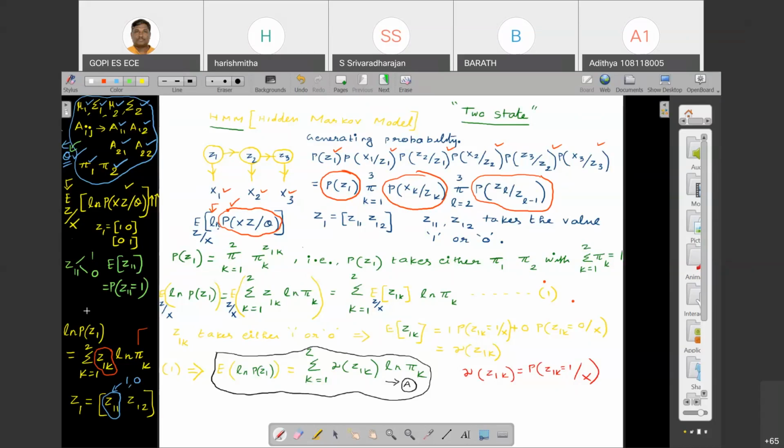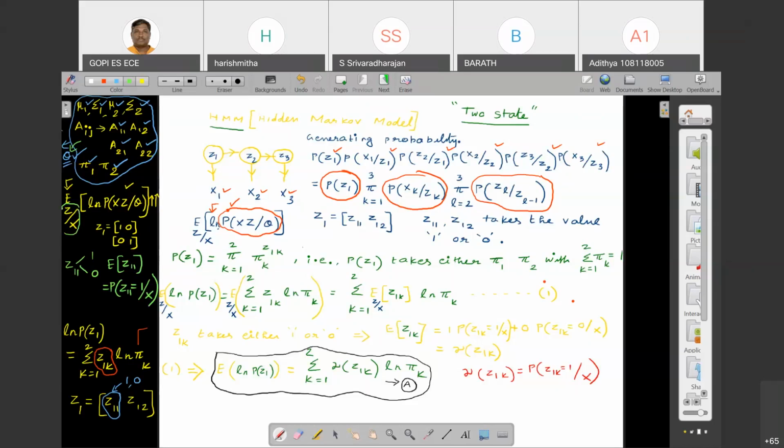That's it. Of course, if I take a conditional expectation, then the condition will follow, right? So if I take the expectation of this given x, then the probability will have a condition on x, because we are taking the expectation of z given x.